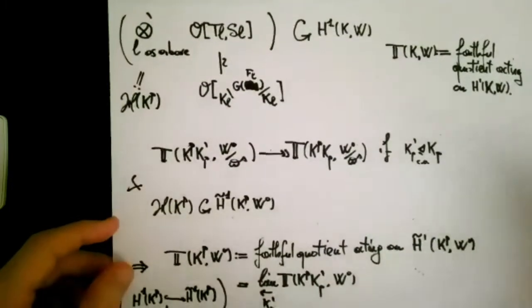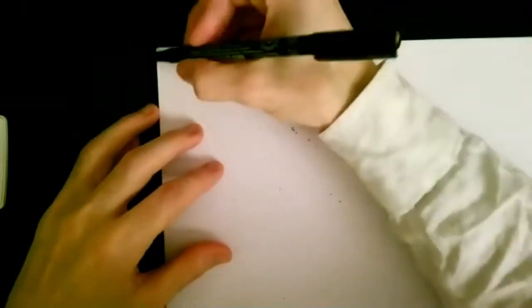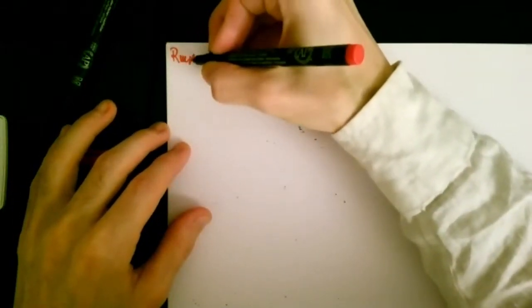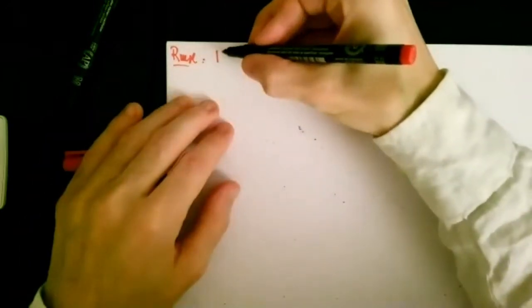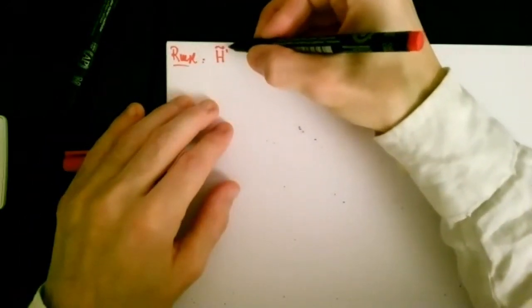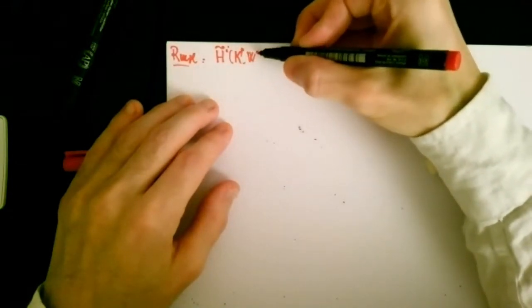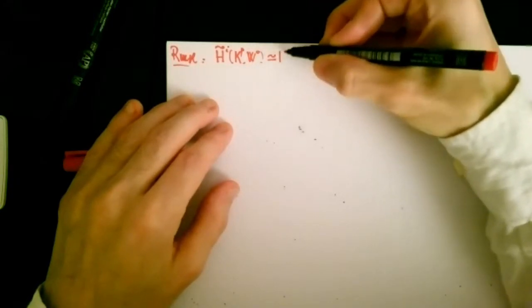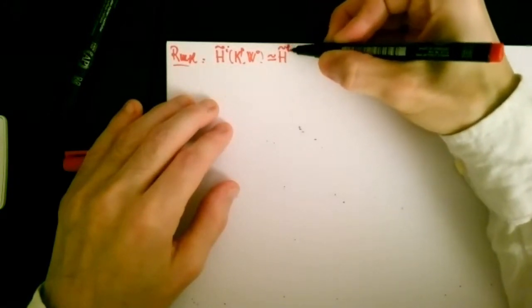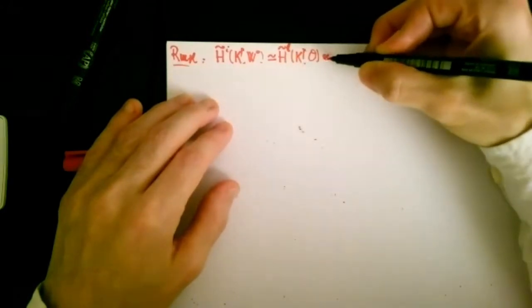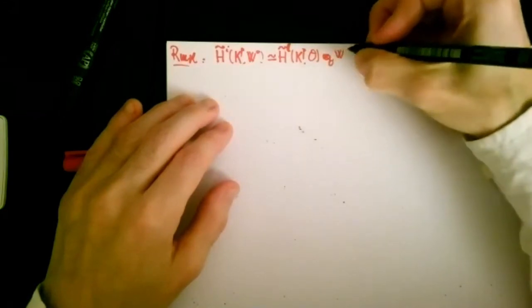Okay, so now another remark that I would like to make is that, remember, at infinite level the H^i(K^P, W naught) is actually isomorphic to the H tilde i(K^P, O) tensor over O W naught.